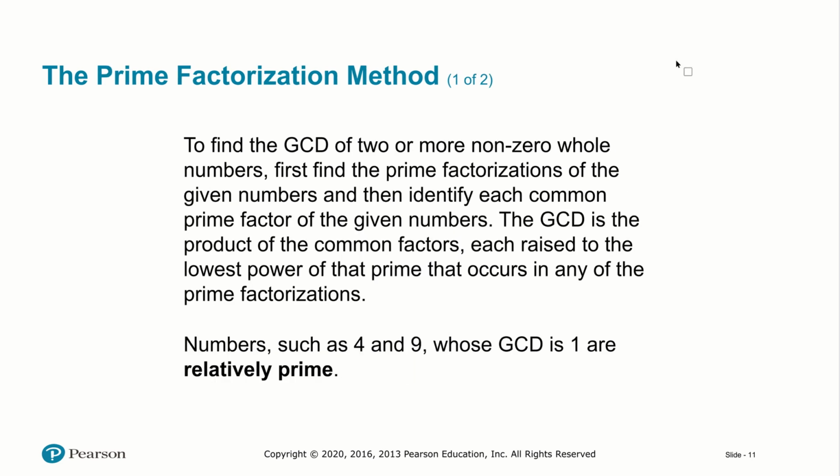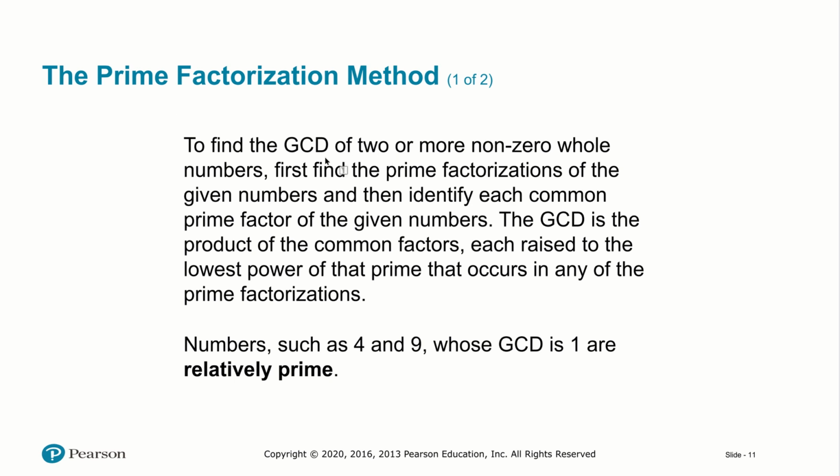All right, in most situations, the method of choice for finding the greatest common divisor of two or more numbers is the prime factorization method.